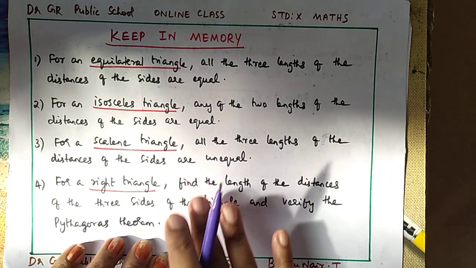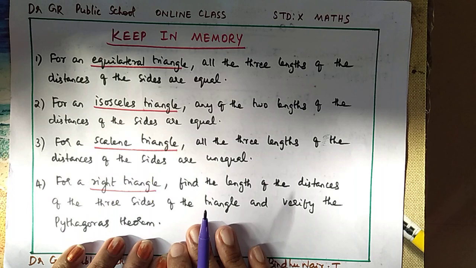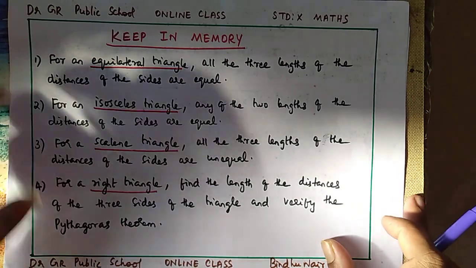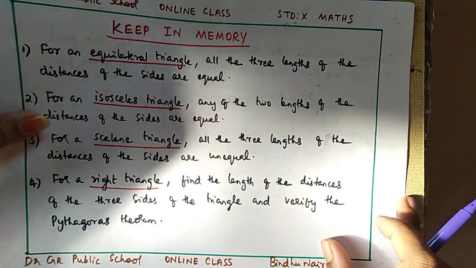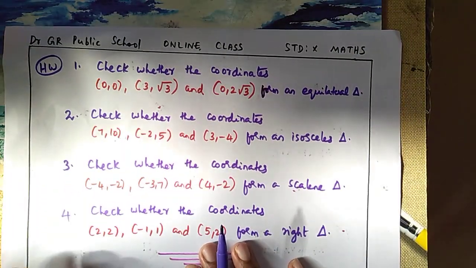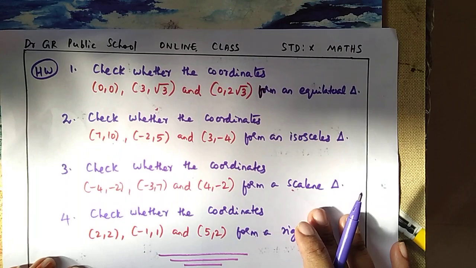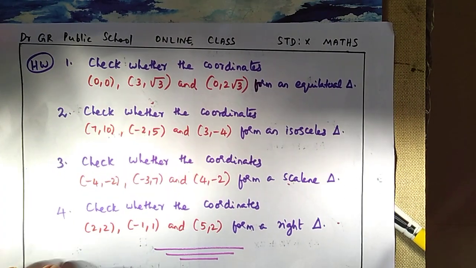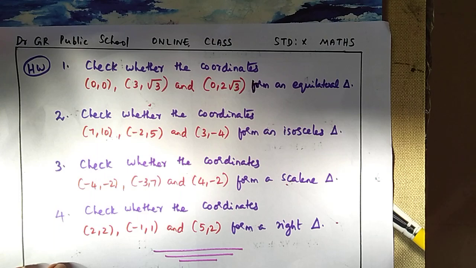So all of you keep all these points in your mind very correctly and do the examples, your works also properly. Okay? Yes. Now from today's lesson, I will give you some homework. All of you see this. From the 4 types of triangles, I have given 4 problems.